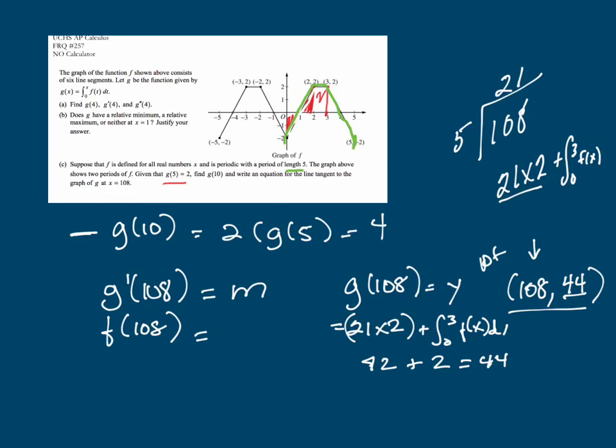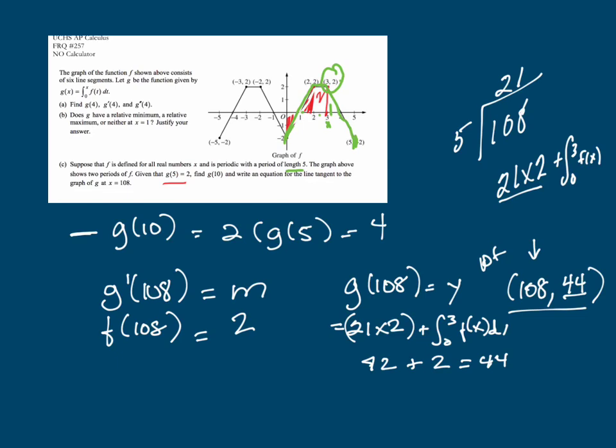So we already know that it would be here at 100 and 105. It would be back down here. So then we have to go 3 more. So it would be here. It would be at 2. So x equals 3 more would give you a y of 2. So f of 108 is 2.